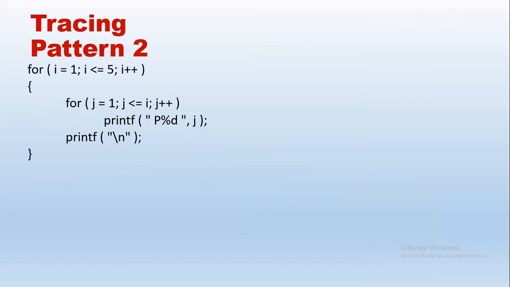Similarly, we will trace. So we know the logic to print is this one. So the nested loop logic we just saw, and the pattern is displayed here. So again, if we trace this, tracing is important to understand the working. So step by step, when we trace, we understand how it actually works.